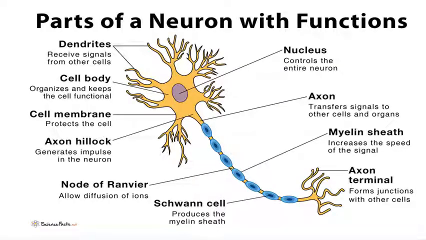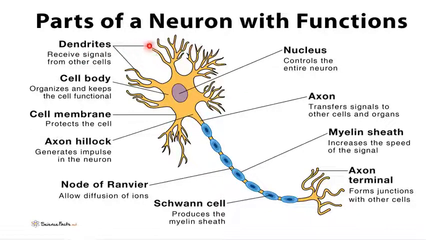Now let's talk about the brain cell, or in other words, the neuron. I'm sure you have encountered this in your Psych 1101, but let's just review the parts and functions briefly. Let's start with the dendrites. Dendrites are branch-like extensions in the neuron. They receive signals from other cells.